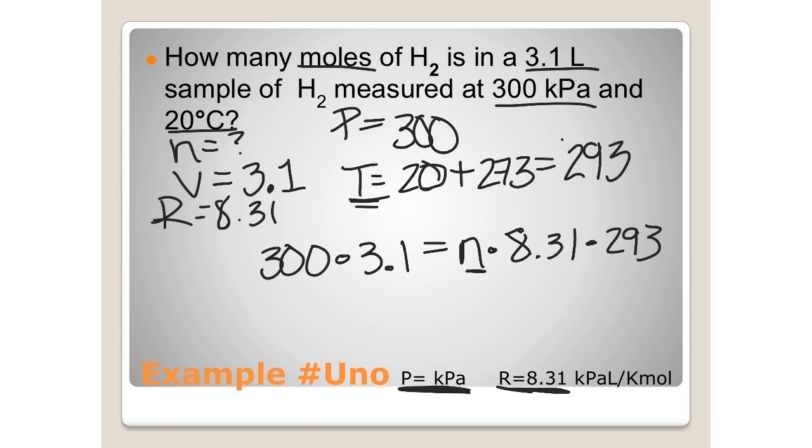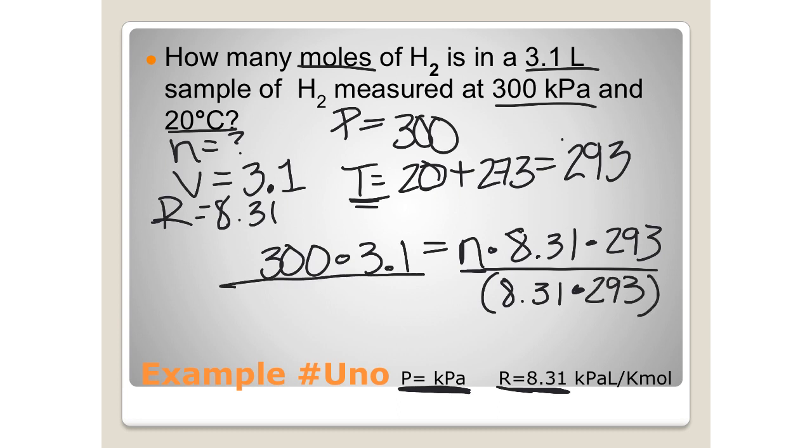So just like you do in algebra when you have one missing variable and everything is multiplied together, to get it by itself, I'm going to divide both sides by whatever is with N. So it's going to be 8.31 times 293. What I do to one side, I have to do to the other side. So 8.31 times 293 on this side as well. 293 times 8.31 is going to cancel.